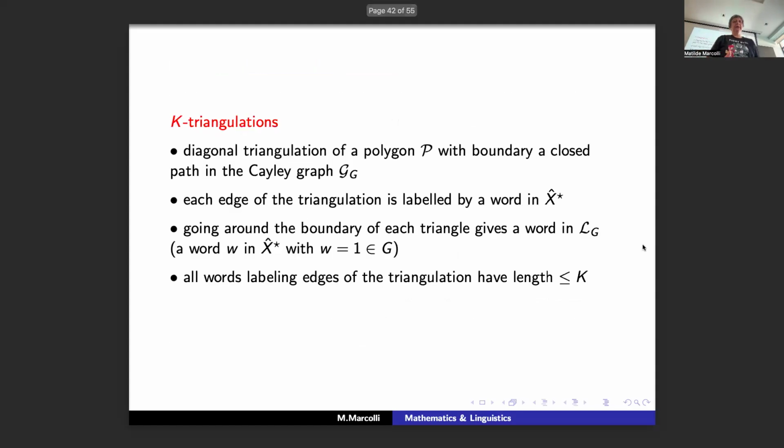The idea is that you try to reach a situation where you have a diagonal triangulation of all these polygons that give you the words that are the identity in the group, but these triangulations can be done in a uniform way everywhere on the graph. So all the words labeling the edges of these triangulations have some uniformly bounded length.